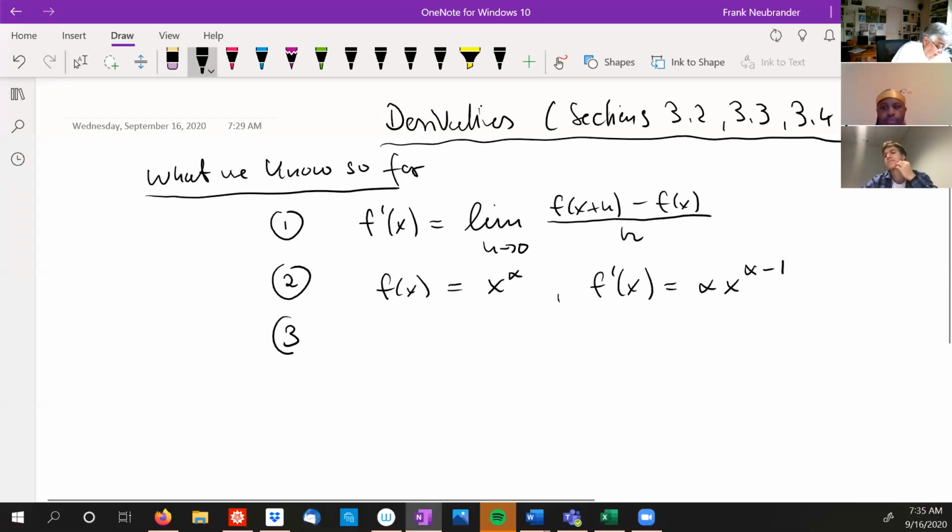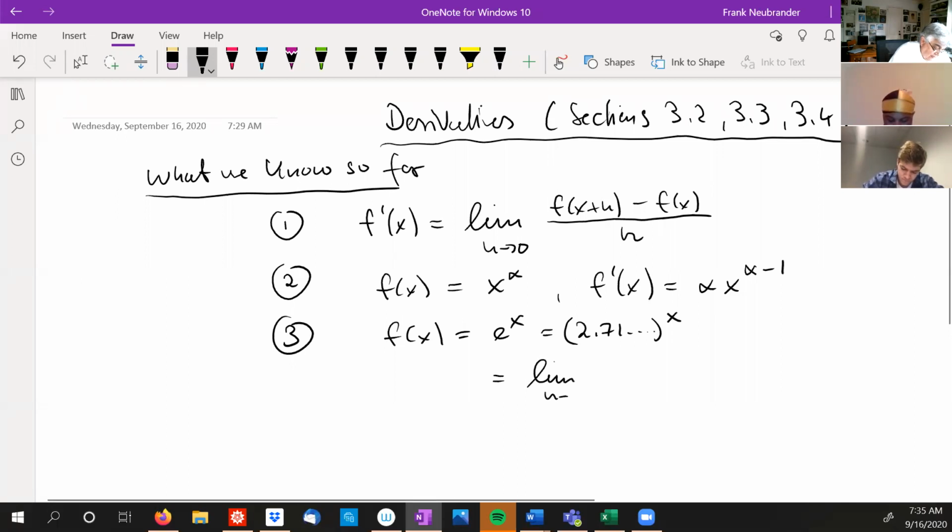And the third thing we know: if you take f of x equal to e to the x, where e is the number 2.71, this can be computed as the limit as n goes to infinity of 1 plus x over n to the n.